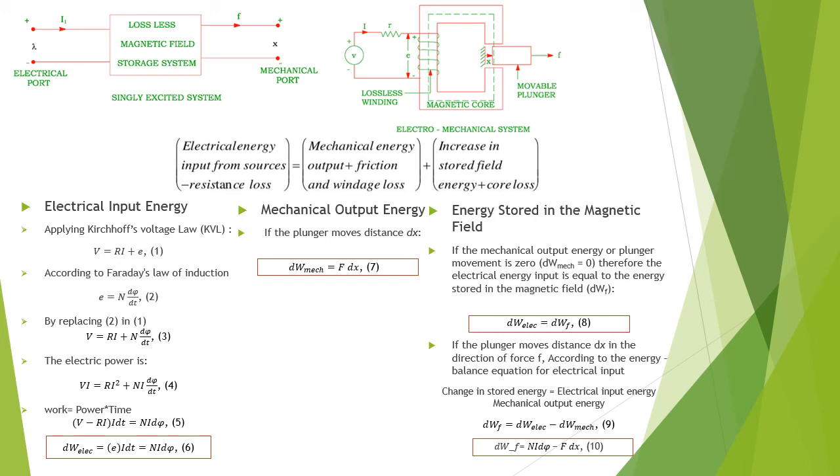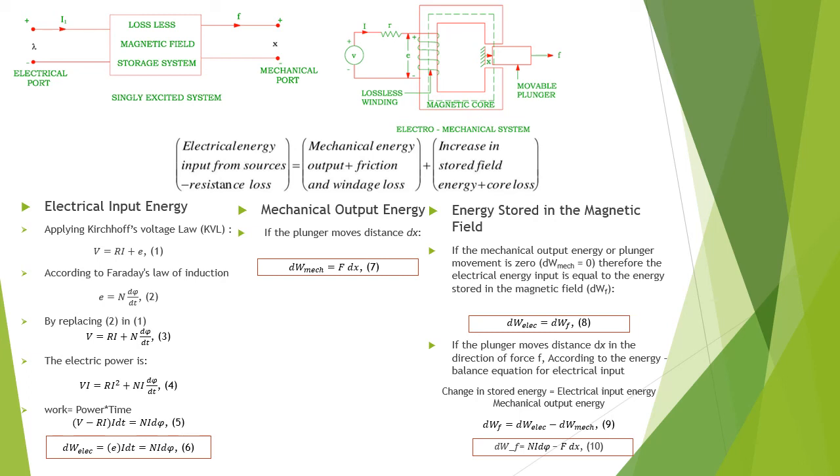However, we can define work as power multiplied by time. Therefore, we multiply both sides of the equation by dt, and we get the amount of electric work, which is equal to N I dφ.